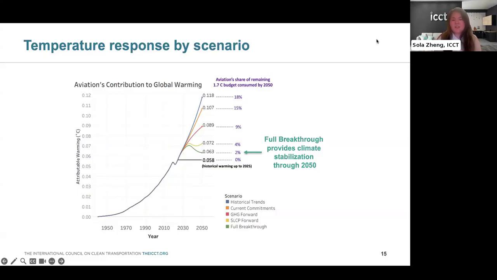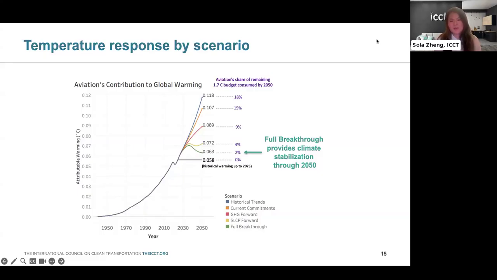And then if we look at the GHG forward scenario, it will be able to bring aviation's warming contribution to only 89 millidegrees Celsius, but it still doubles aviation's share of the remaining carbon budget. And then when we look at the SLCP forward scenario, we'll see that the mitigation potential from non-CO2 climate pollutants will be able to cut 2050 warming level by 3/4 compared to historical trends.